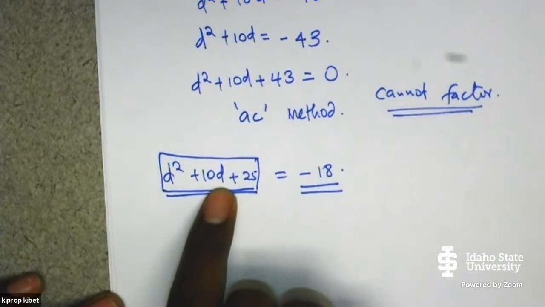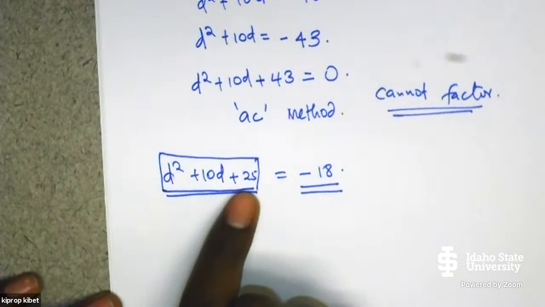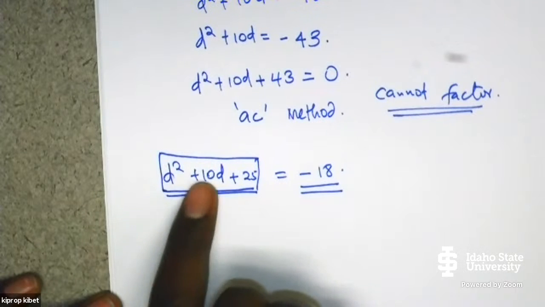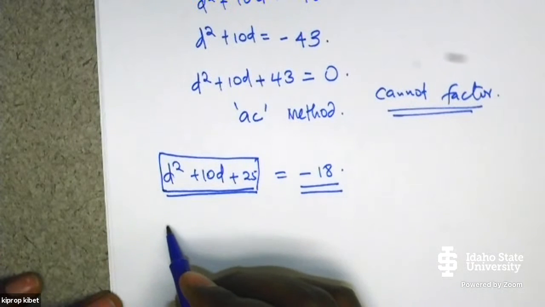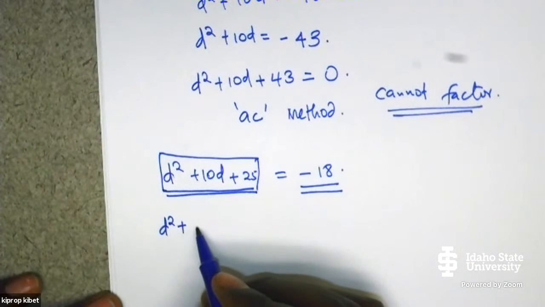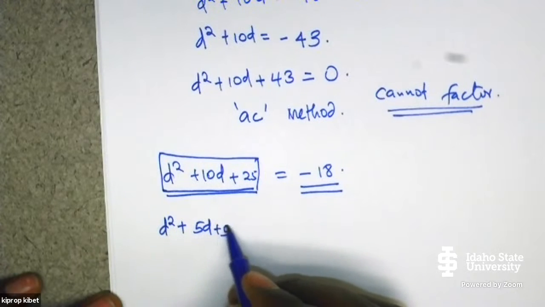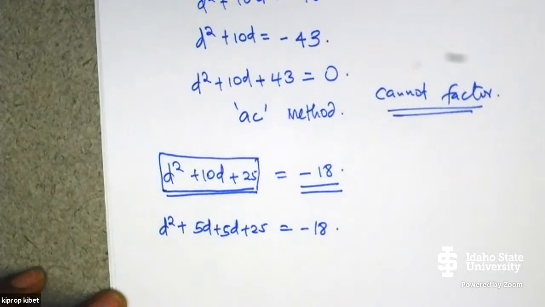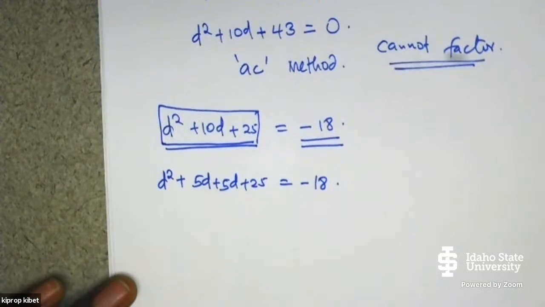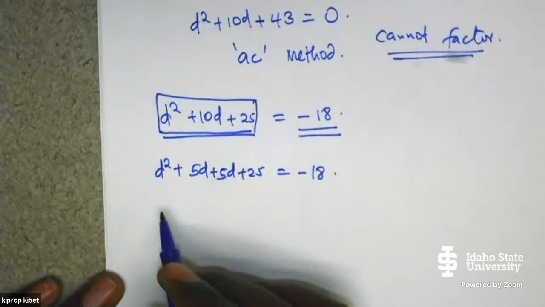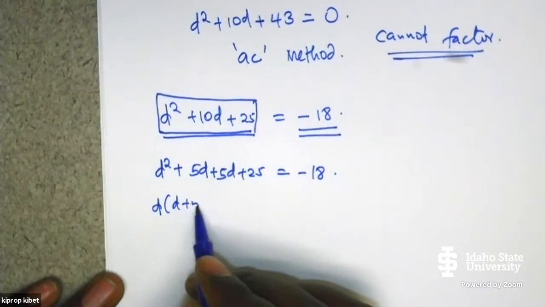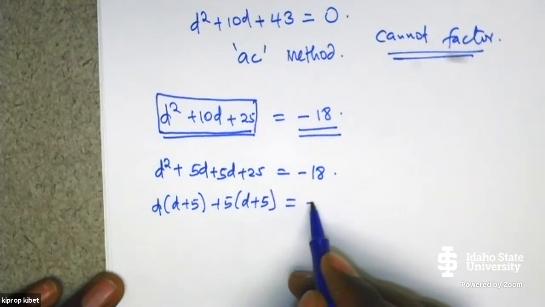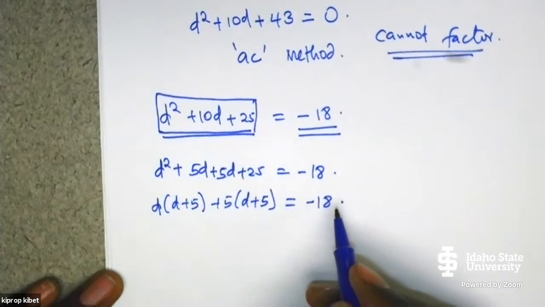So the product is 25 and the sum is 10. So if you factorize this, what do you get? D square plus 5d plus 5d plus 25 equals to minus 18, right? So if we group them, we get d plus 5 plus 5, d plus 5 equals to minus 18.